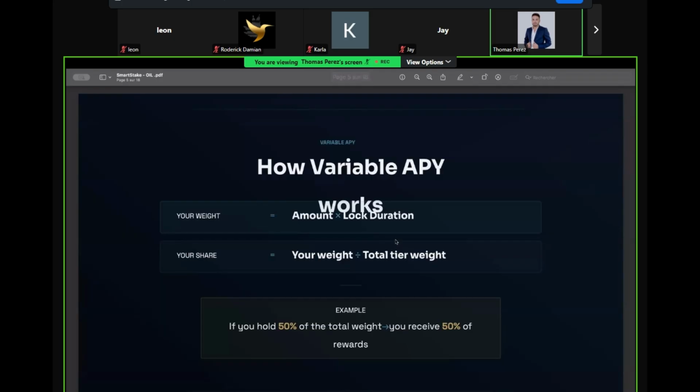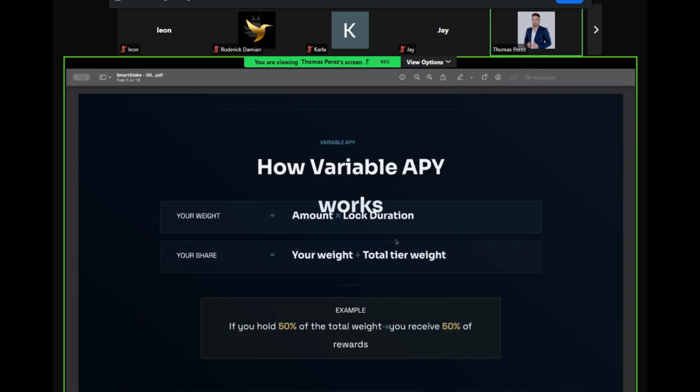And for the APY formula, let's simplify the core formula. Everything revolves around one concept: weight. Your weight is simply your amount multiplied by your lock duration. So naturally, someone staking more for longer will have significantly more influence in the system. Then all the weights of all users are combined inside a tier.